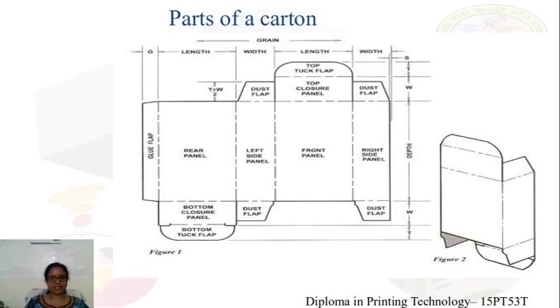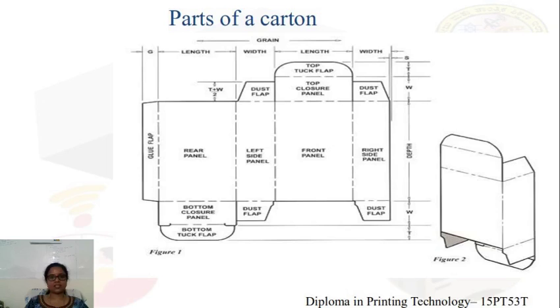Next are the dust flaps. Dust flaps should always be 50% to the front panel or the rear panel so that it helps in easy and good coverage and good closing of the flaps.